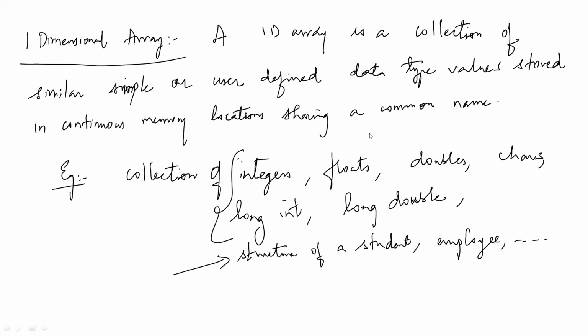Telling the compiler that I require this much amount of memory to work with the values so that I can store in the memory and use it. Very, very important. What will declaration do? Very simple.